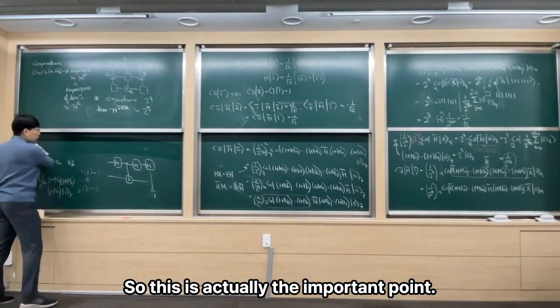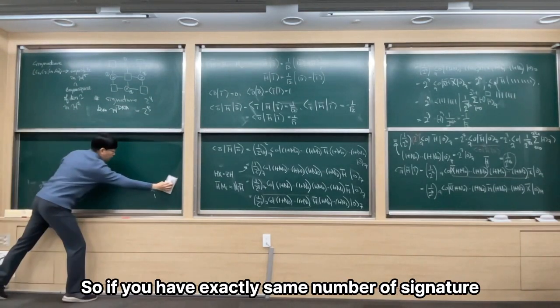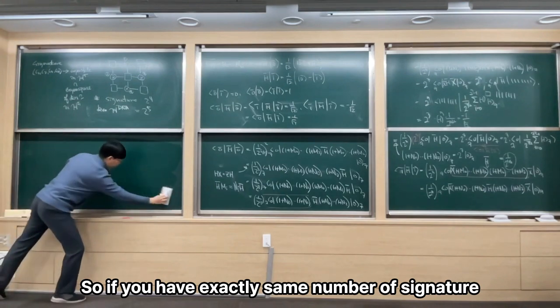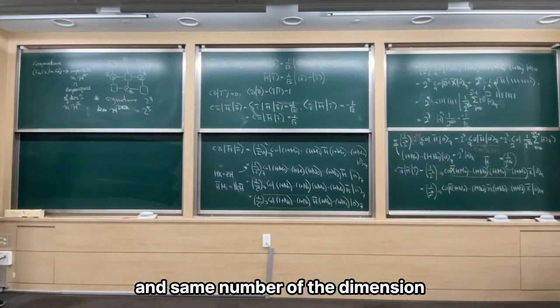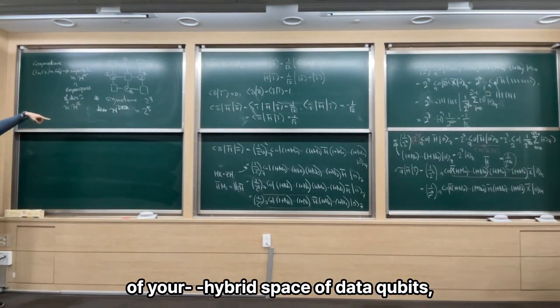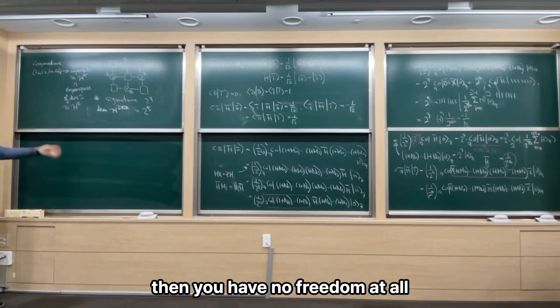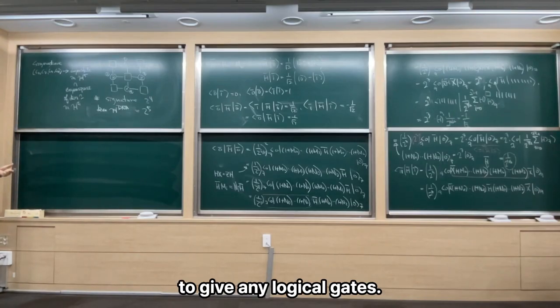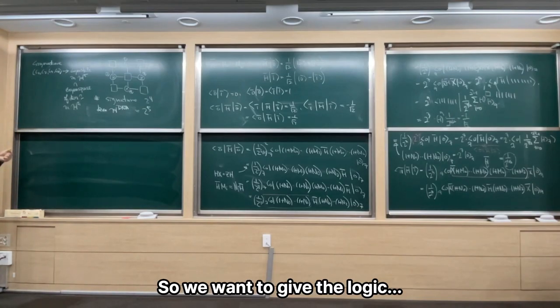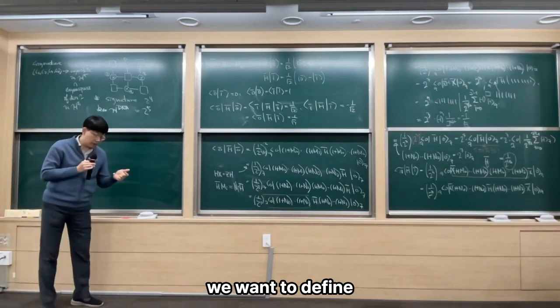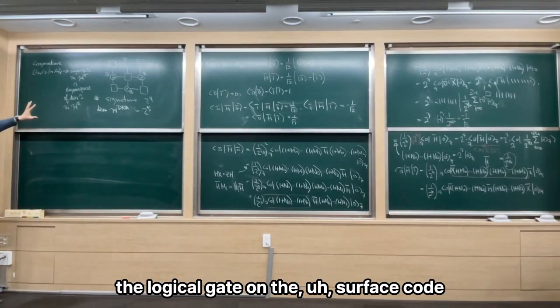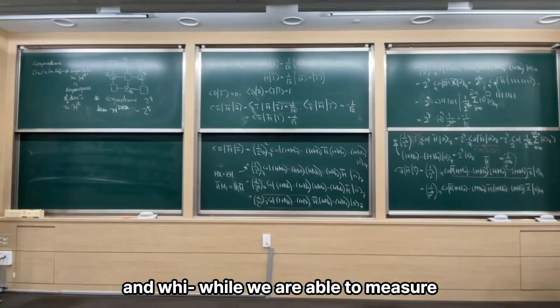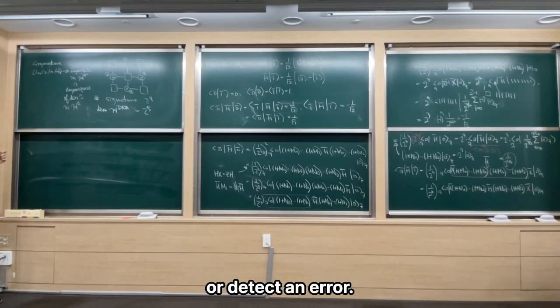So this is actually the important point. If you have exactly the same number of signatures and the same dimension of your Hilbert space of data qubits, then you have no freedom at all to give any logical gates. So we want to define a logical gate on the surface code, while we are still able to measure or detect an error.